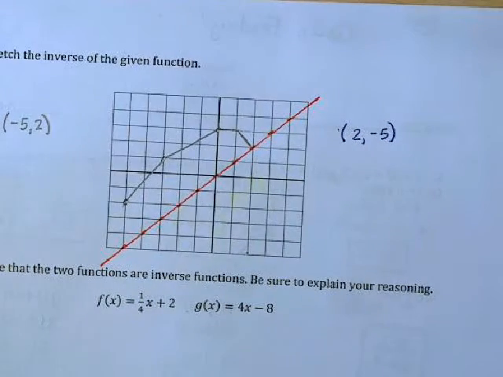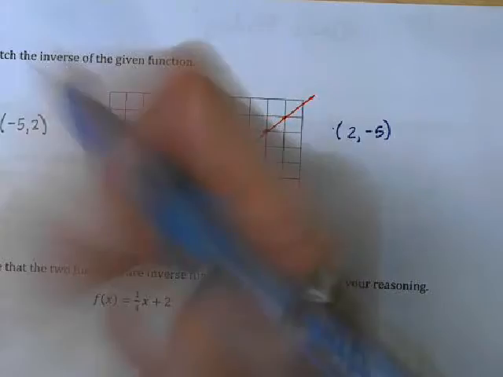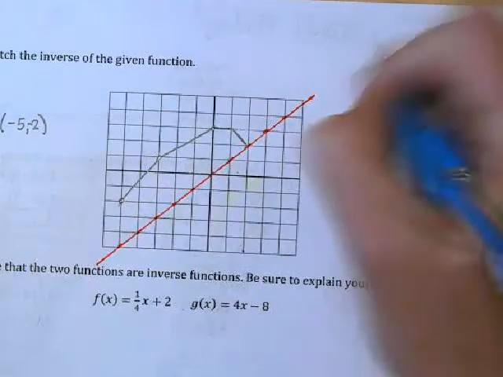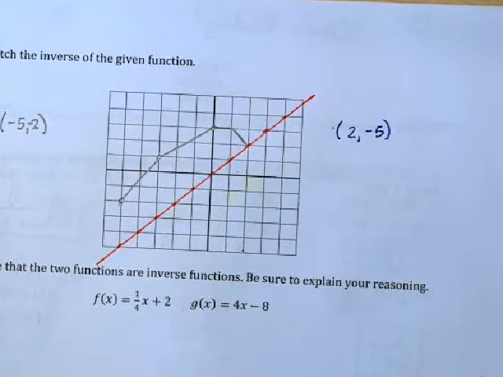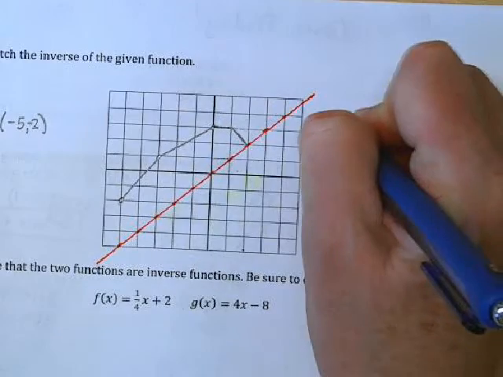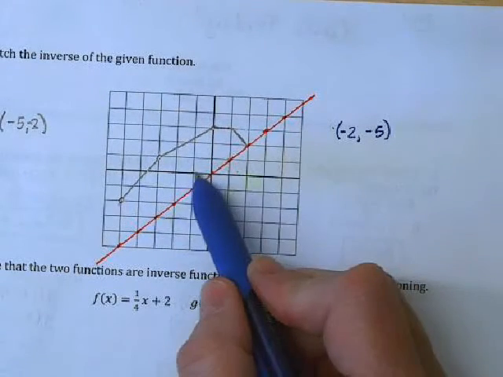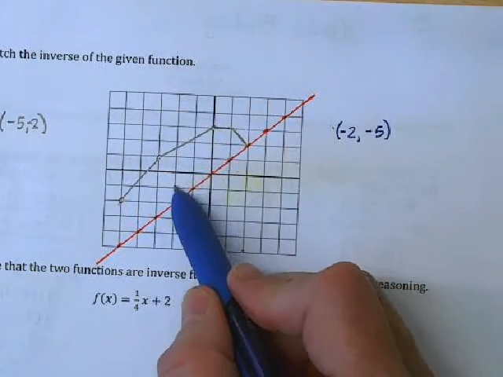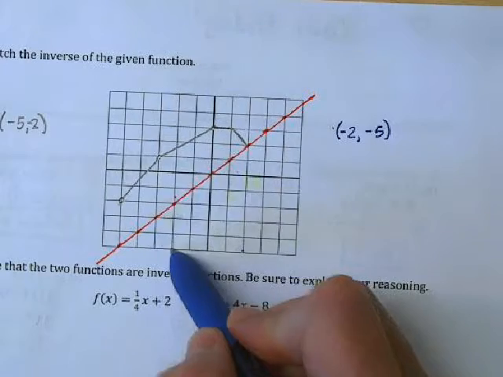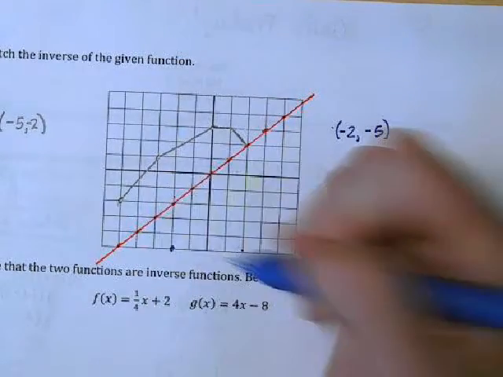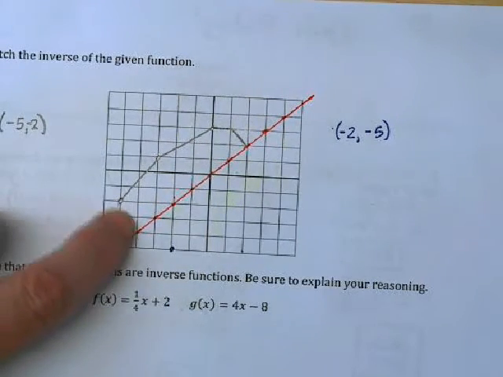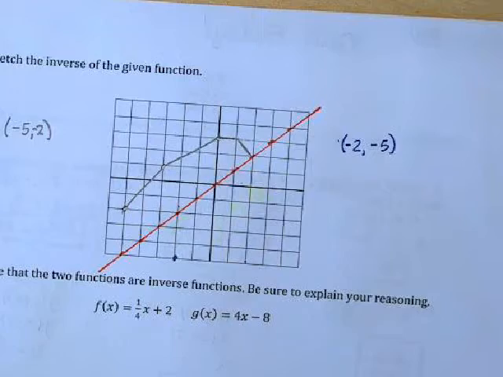So I'm going to go to 2, 1, 2, 3, 4, 5. Wait, that does not look right, because that is a -2. At least that's one thing I did know, that that could not possibly be right. So -2, 1, 2, 3, 4, 5. I'm hoping you can see that that would reflect right over there.